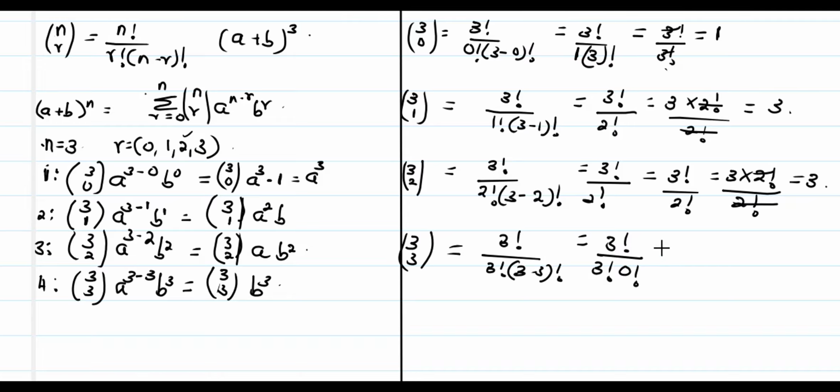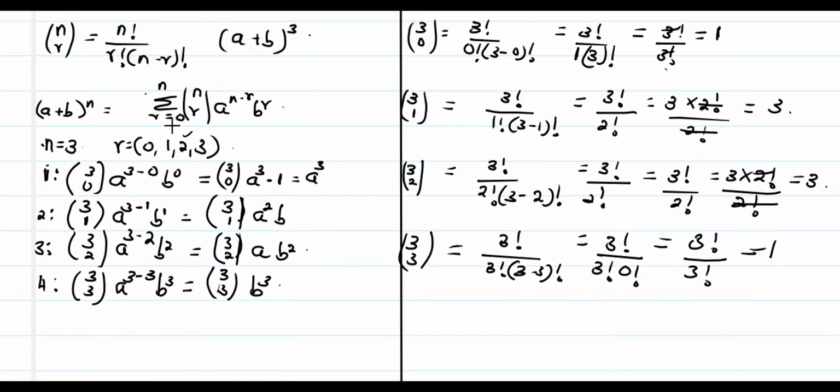So you see, we said 0 factorial is 1, so this one will remain to be 3 factorial over another 3 factorial, which will be 1, because I cancel them off. So now I have all the coefficients here as 1, 3, 3, 1.